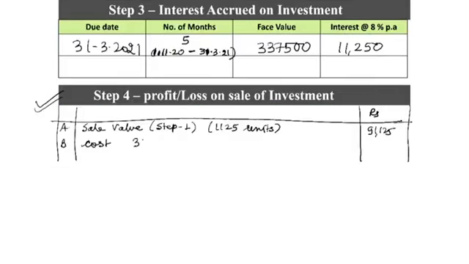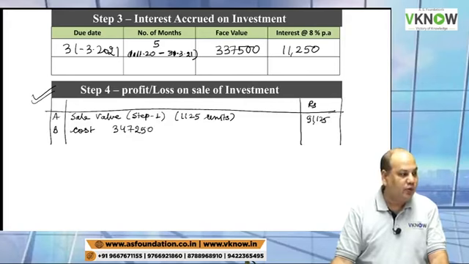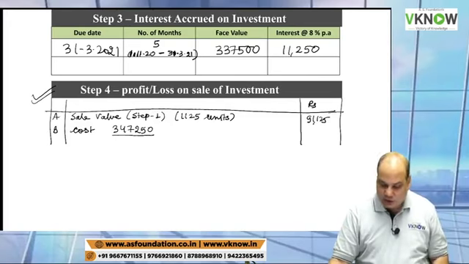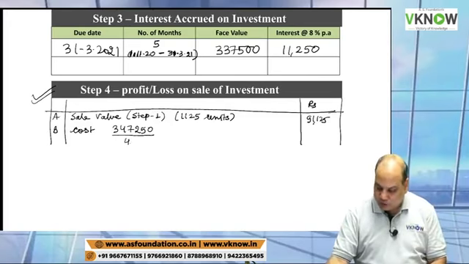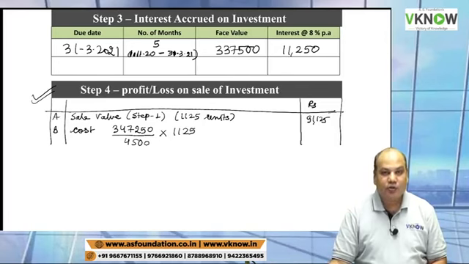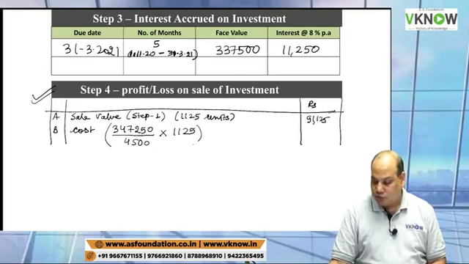This you divide by quantity 4500. This will give you average cost, and multiplied by quantity sold. So this will give you proportionate cost.